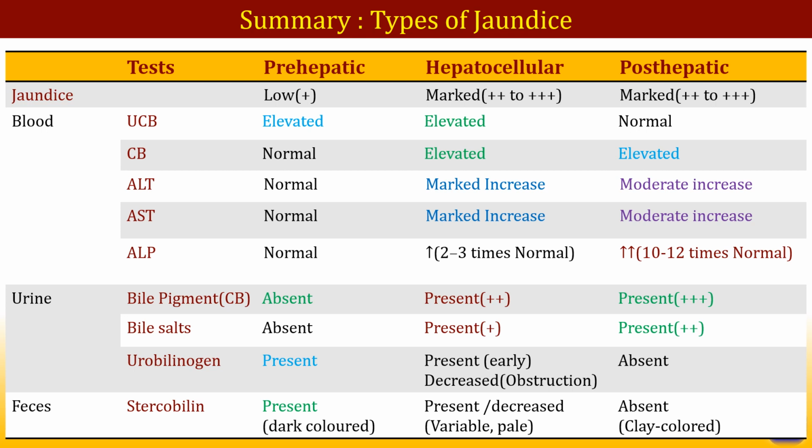There can be up to 10 times the normal range of alkaline phosphatase in this obstructive jaundice. There will be presence of bile pigments and bile salts in the urine, and urobilinogen will be absent in the urine, and stercobilin will be absent in the feces, so it will give clay color to the stools. So this is about the three types of jaundice, that is prehepatic, hepatic and post-hepatic.